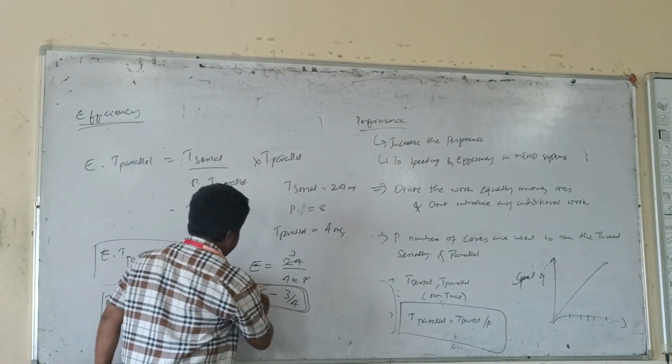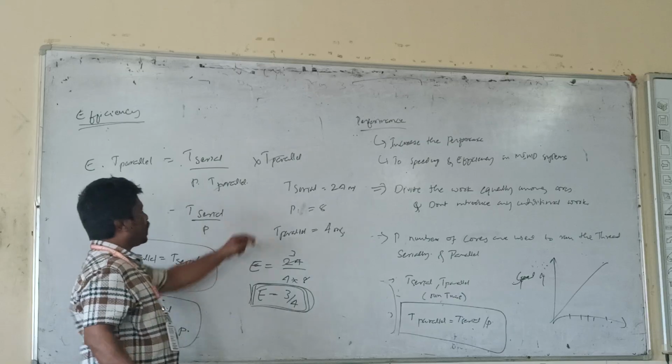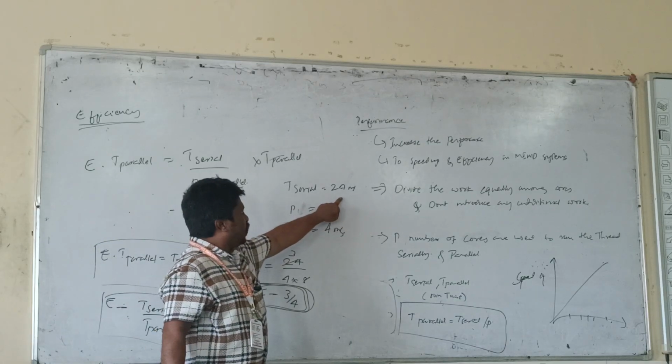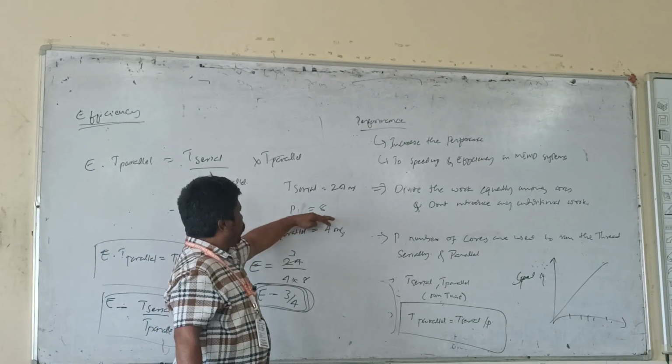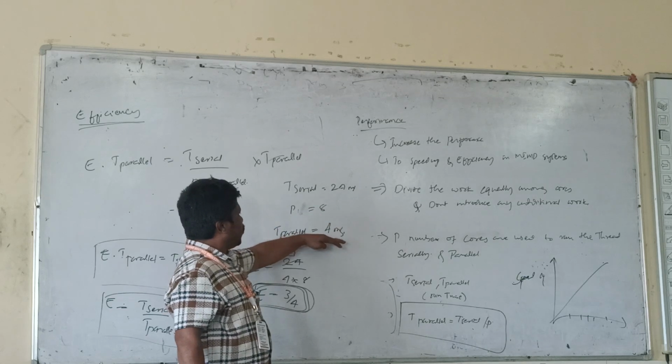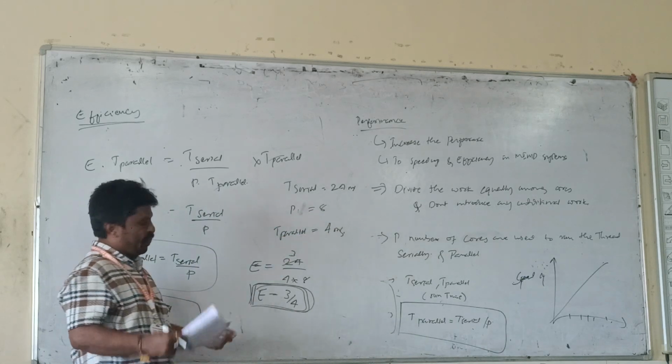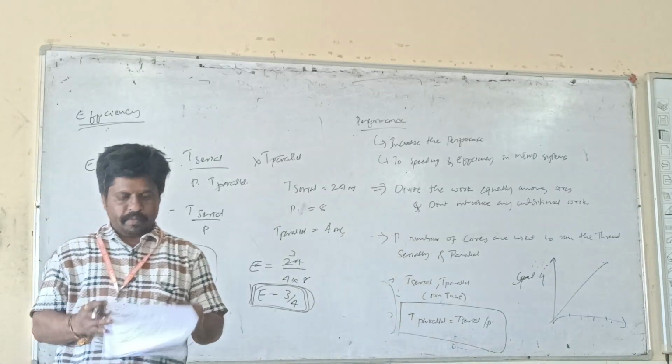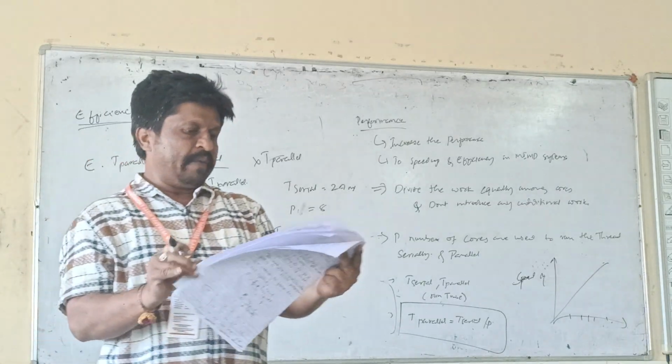They will ask in the examination: calculate the efficiency, given T serial 24 milliseconds, P equal to 8, and T parallel 4 milliseconds. This is all about the efficiency.